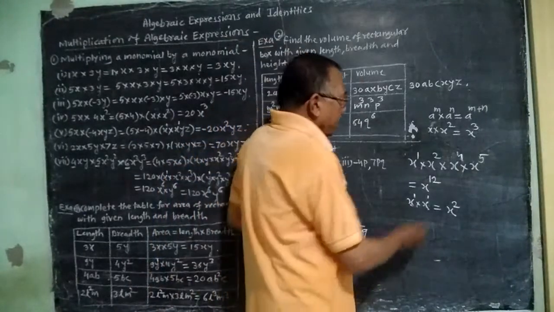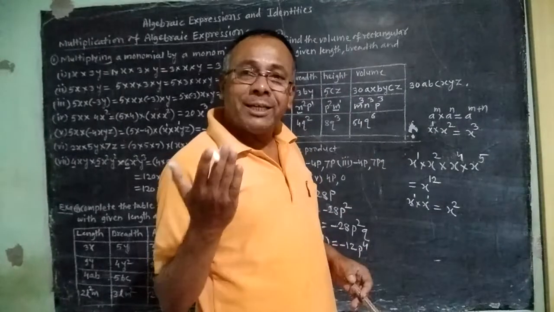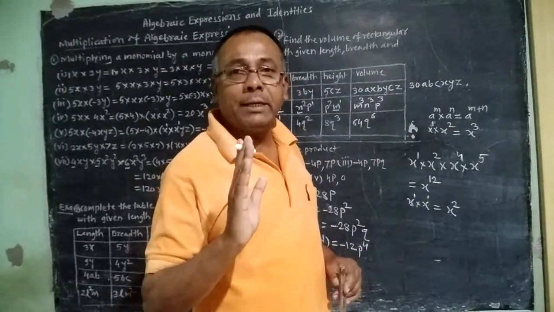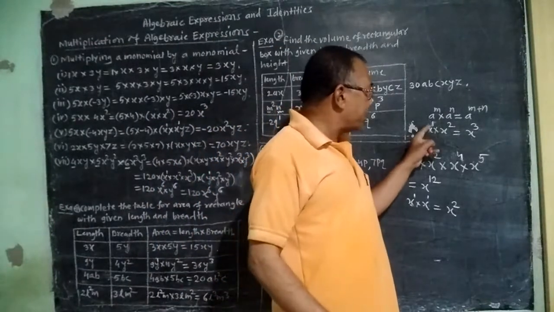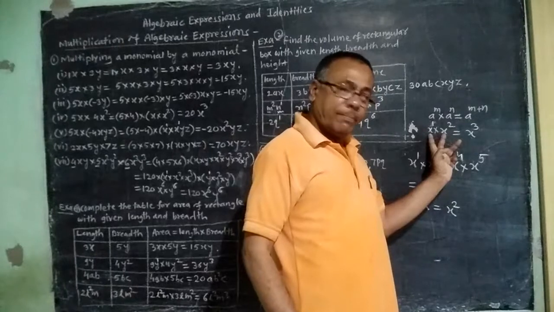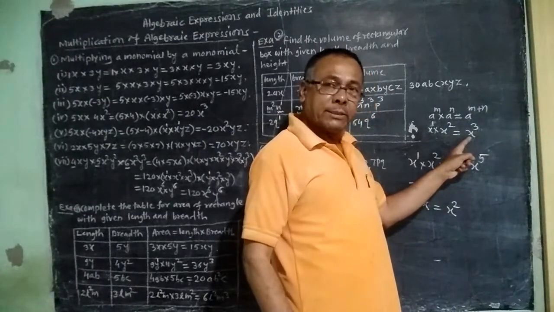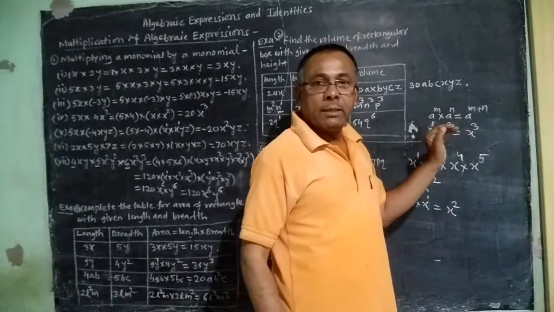Here x means its exponent is 1. When the exponent is not given, we must assume that there is 1. So here x means x raised to 1 into x square. Again here the base is the same, so I have written here only x, and add the exponents, means 1 plus 2, it will be 3.